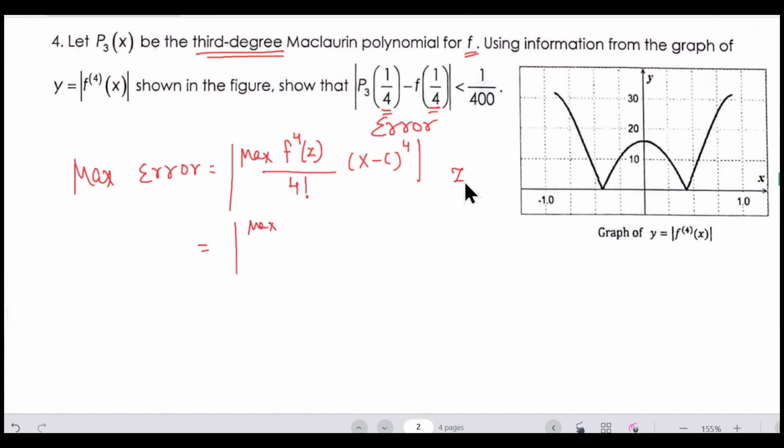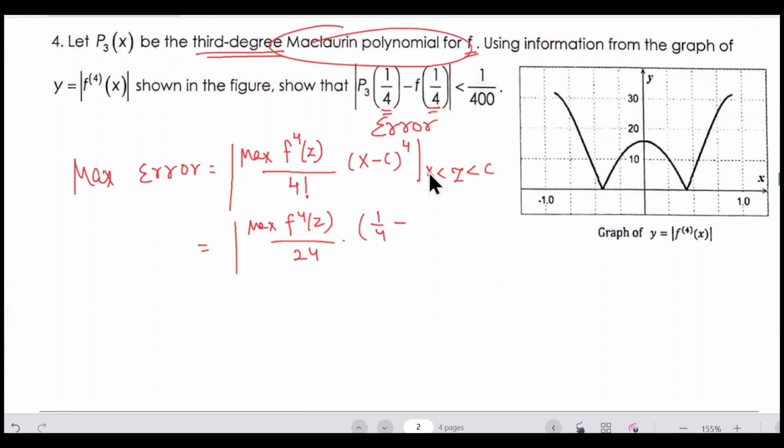And by the way, what is z? z is between x and c. Okay, so the fourth derivative of the function over 4 factorial is, I think, 24. x is 1 over 4, and c is 0 because that's a Maclaurin. So Maclaurin is centered at 0.